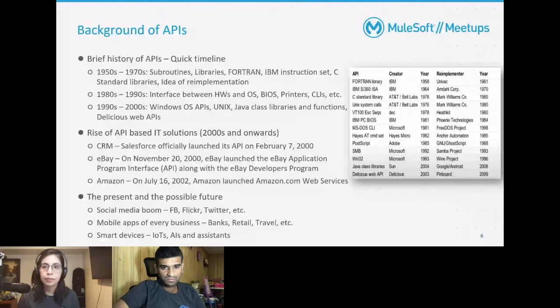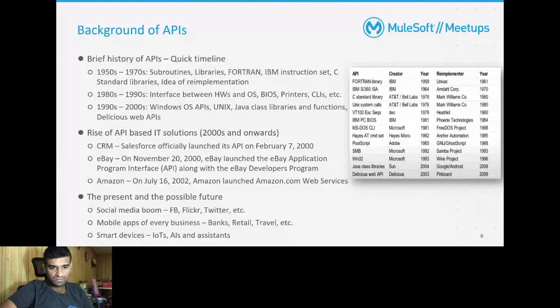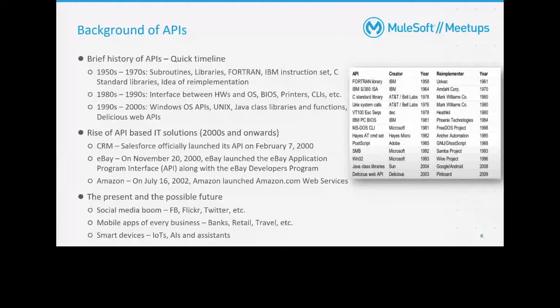They rolled out only a select number of licensed APIs, only to partners and developers. This came out around November 2000, followed by Amazon, which launched AWS, and they leveraged APIs for exposing the services to their customers.